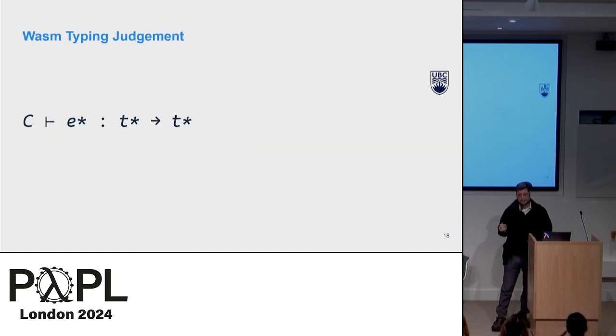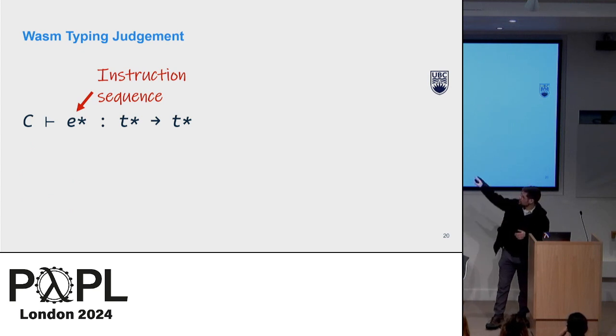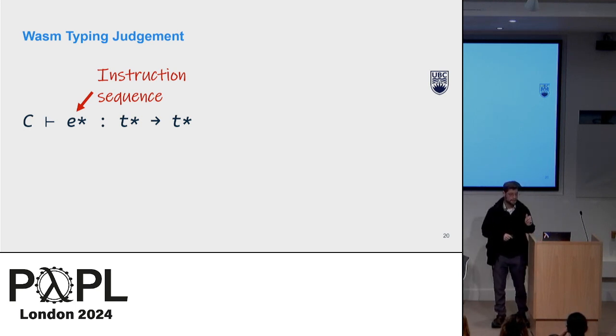Now, what information does Wasm give us about these programs? This is the Wasm typing judgment, which says that under the context C, which gives us information about functions and other module-related items, the instruction sequence, where the star operation is like in regular expressions and means 0 or more of something, and the e represents a Wasm instruction.